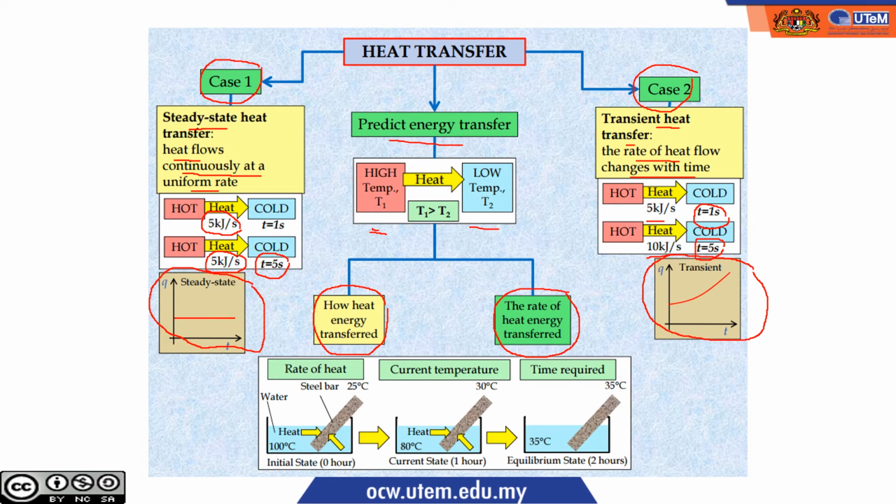Okay, for example, if you have a steel bar and water that is 100 degrees Celsius and the steel bar is 25 degrees Celsius, the heat will be transferring from the hot water to the steel bar.